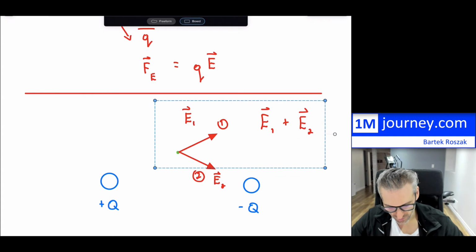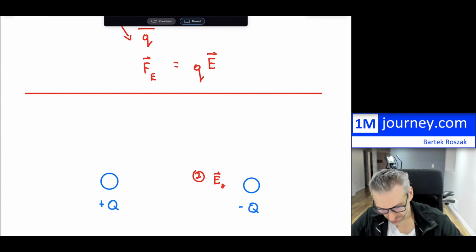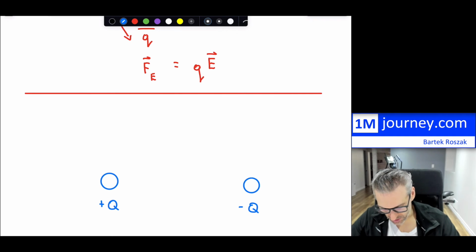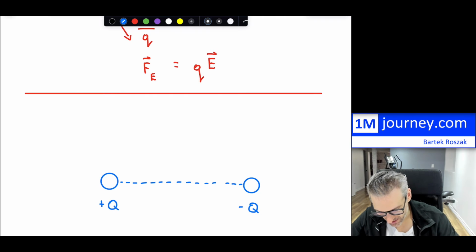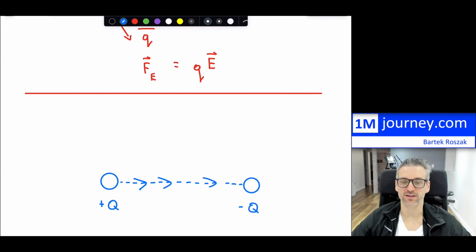I'm going to remove this out of here so that I can present this to you and sketch it out. So what's going to happen is something like this, where anywhere along this particular straight path, we know that everything is going to get sucked back into that negative Q, right?